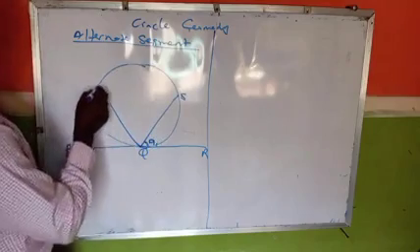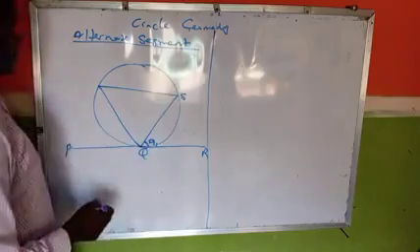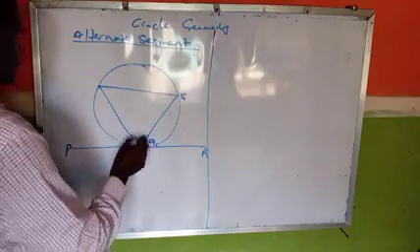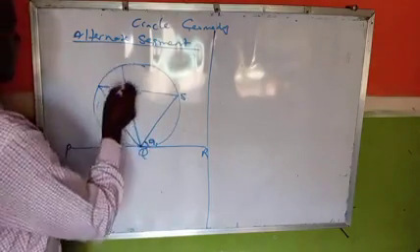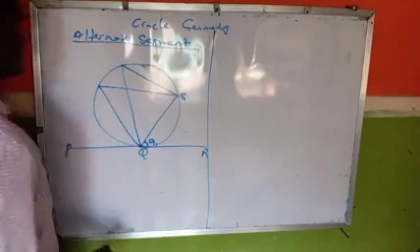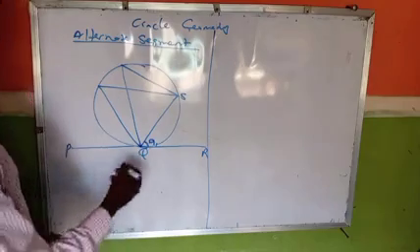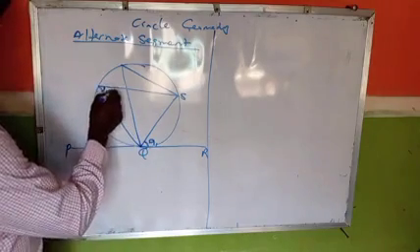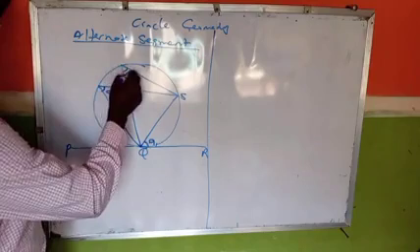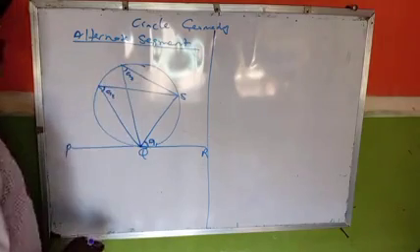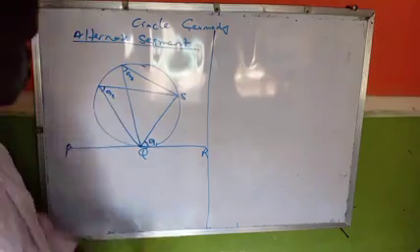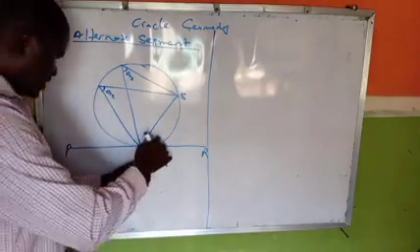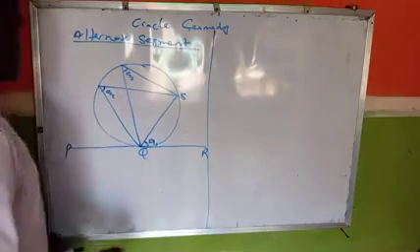You have something like this, or you have something like this. Now let's call this one A2, A3. Now what do you want to prove? We want to prove that this angle here is equal to this.